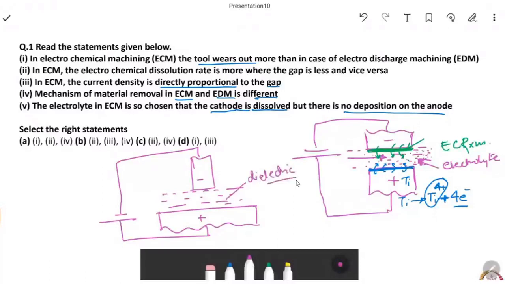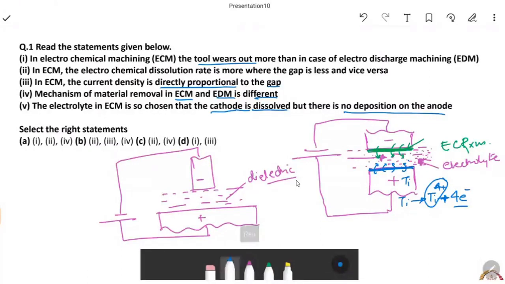What a dielectric medium does is it will stop the flow of ions through it up to a given limit, up to a given potential, which is also known as the dielectric breakdown potential.